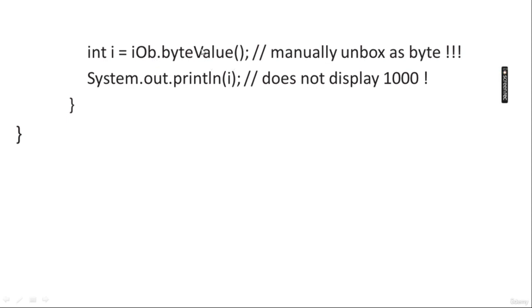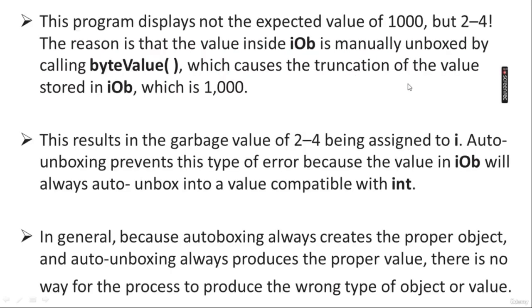We are converting this iOb to a byte value manually, and we are going to store this value into the variable i. And here we are trying to print this i, so it will not display the value 1000, because the value is not the expected 1000 but 224.